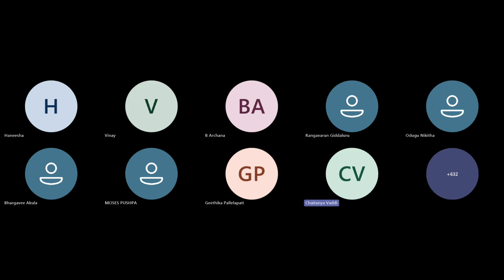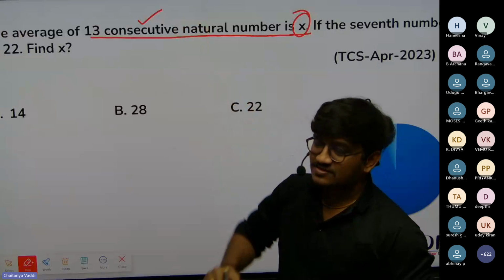The average of 13 consecutive natural numbers is X. You can follow the same pattern. If you observe, consecutive indicates the common difference.